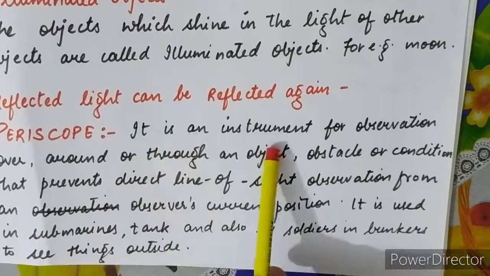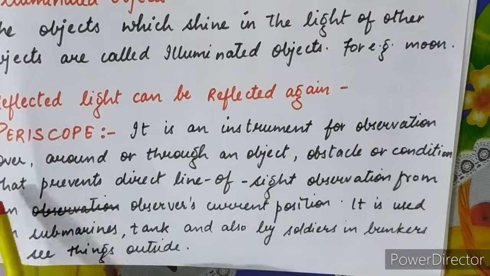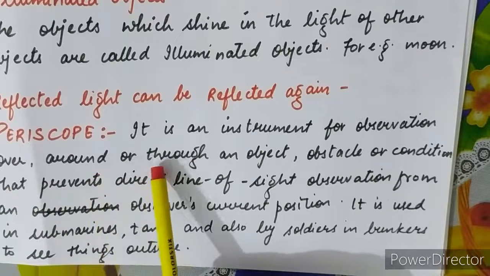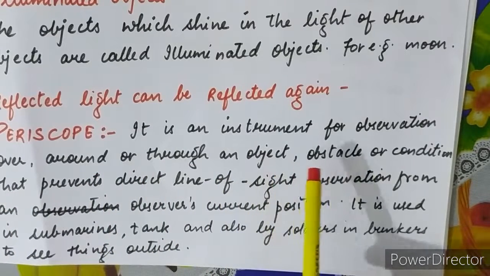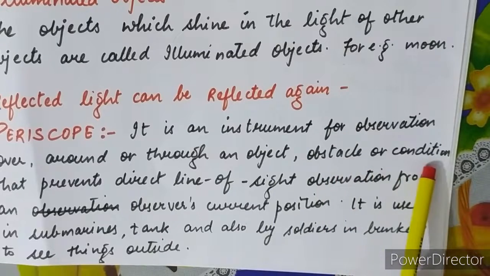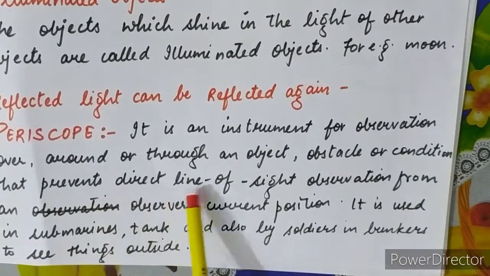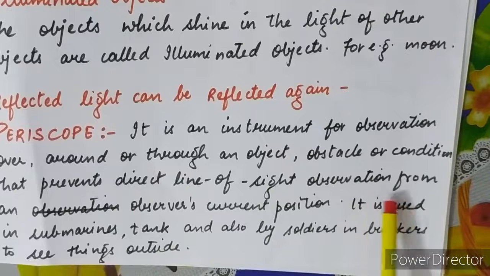A periscope is an instrument for observation over, around, or through an object, obstacle, or conditions that prevent direct line of sight observations from an observer's current position.